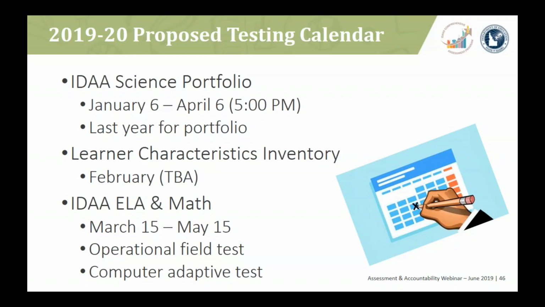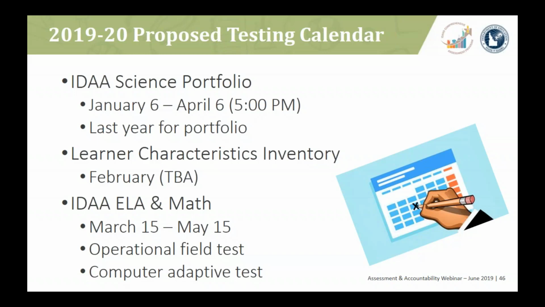Well, we'll be starting our computer adaptive alternate assessment. This year it will be an operational field test. Students will get scored. The scores will be available late summer, early fall. Since it's the first year, it will take a little bit of time.